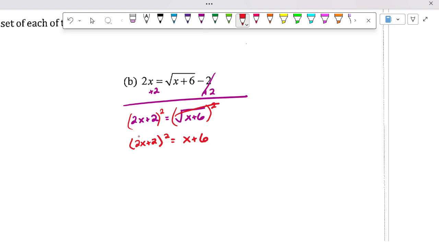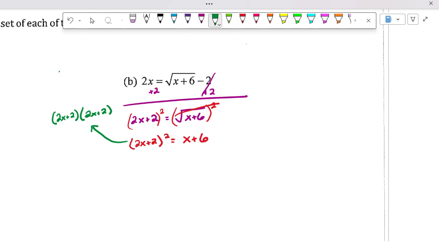Now, how do you take care of this right here? 2x plus 2 squared is the same thing as 2x plus 2 times 2x plus 2. So how do I expand this? We literally just did it.